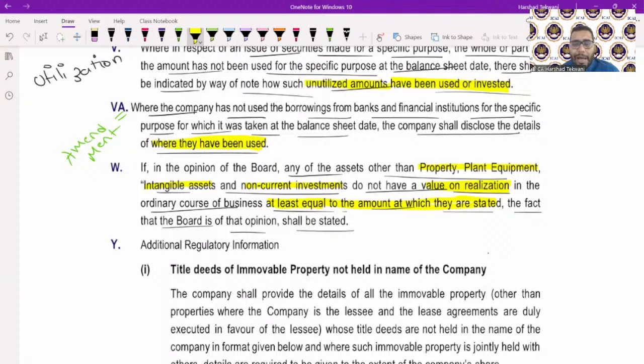Now we are talking about assets other than property, plant and equipment, intangible and non-current investment. Clear? So, no value on realization.